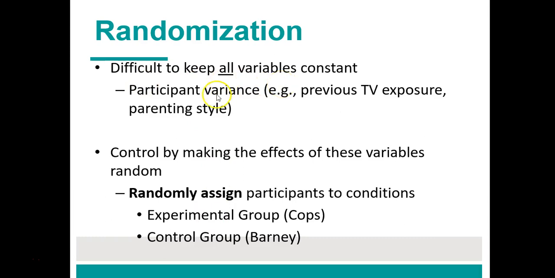It's hard to keep particularly what we call participant variance or participant variables the same, because ideally you would want the exact same people in the COPS group and the Barney group. The only way you could have the exact same people would be if you studied only identical twins, right?